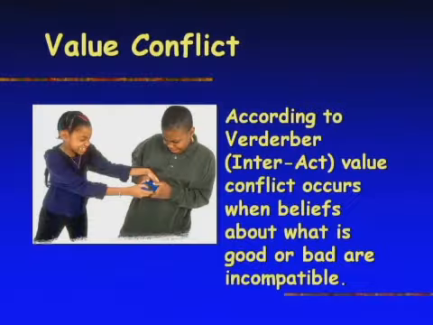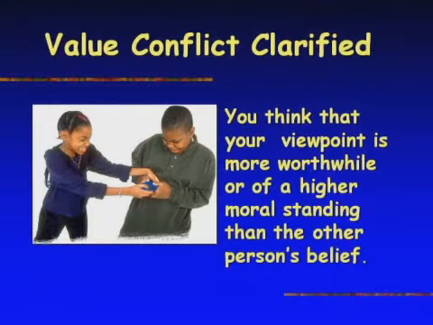Life gets a little more difficult when we engage in a value conflict. Value conflicts occur when beliefs focus on what is good or bad, and those beliefs are not compatible with the other individual. You have been raised with a certain value system. I have too. Those value systems make us who we are. When the other person's value system contradicts what you think is right, important, or honest, that's when the issue becomes more complicated.